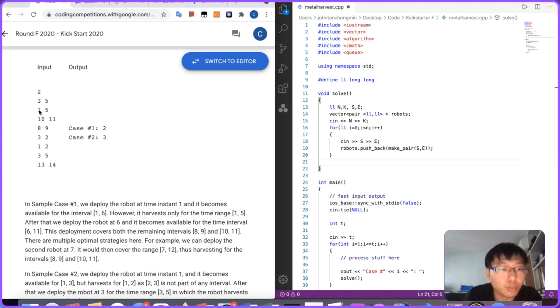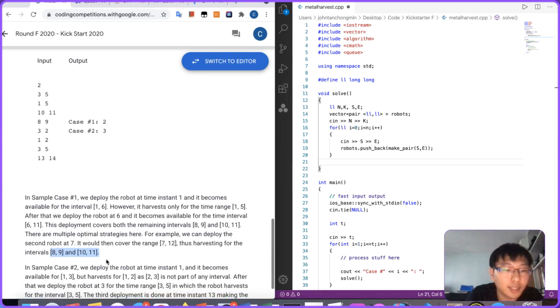So this robot can do from 1 to 5 and 6, 11, covering both remaining intervals 8, 9, 10, 11. Can deploy the second robot at 7, which will then cover the range 7, 12.